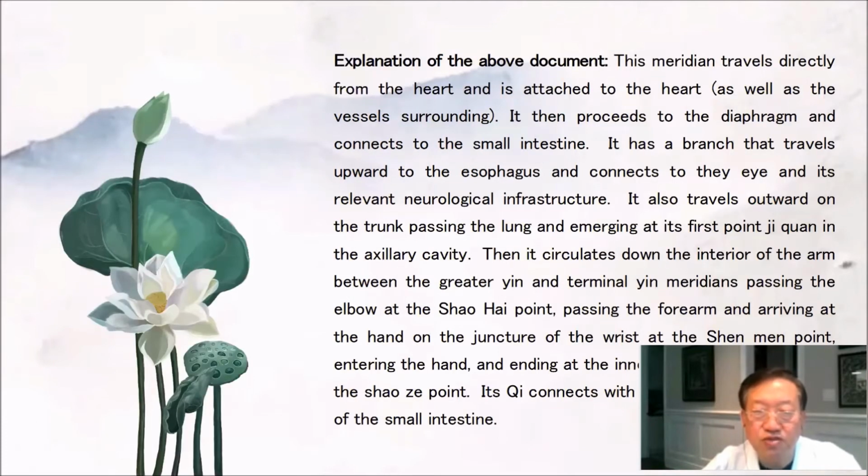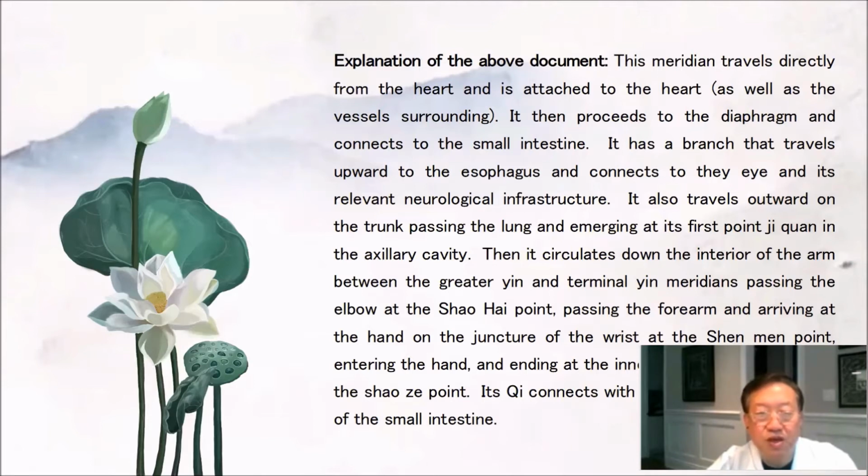Explanation of the above document. This meridian travels directly from the heart and is attached to the heart, as well as the vessels surrounding, and then proceeds to the diaphragm and connects to the small intestine. It has a branch which travels upward to the esophagus and connects to the eye and its relevant neurological infrastructure. It also travels outward on the trunk, passing the lung, and emerging at its first point, Jichuan, in the axillary cavity.